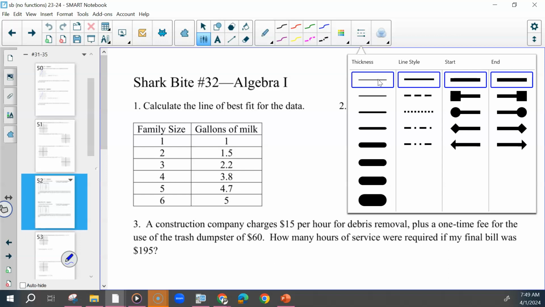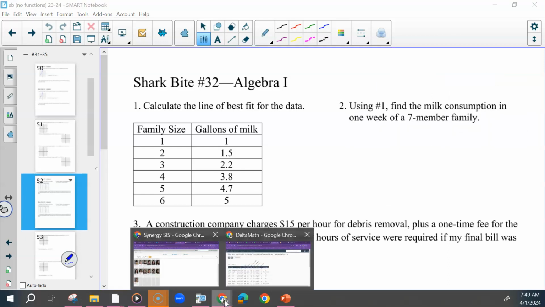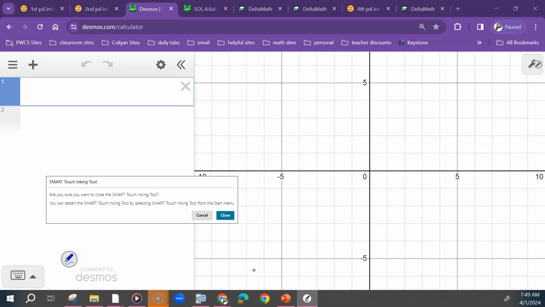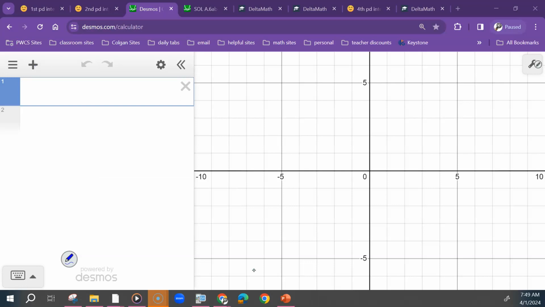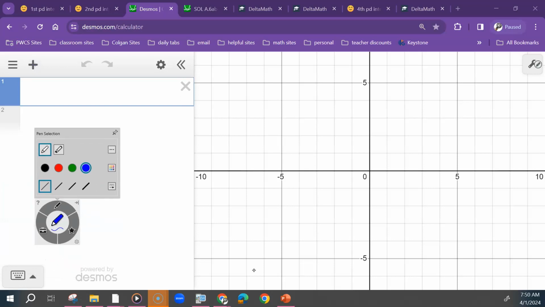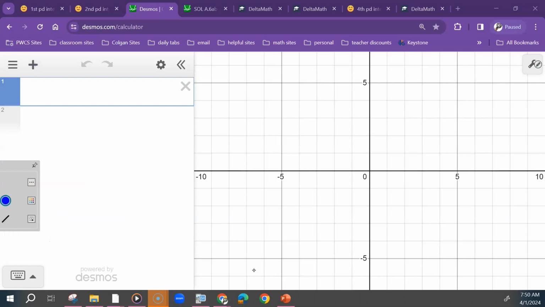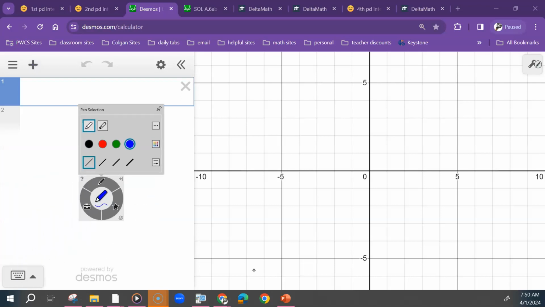So for number 1, we have to put that into Desmos. Okay, cool.